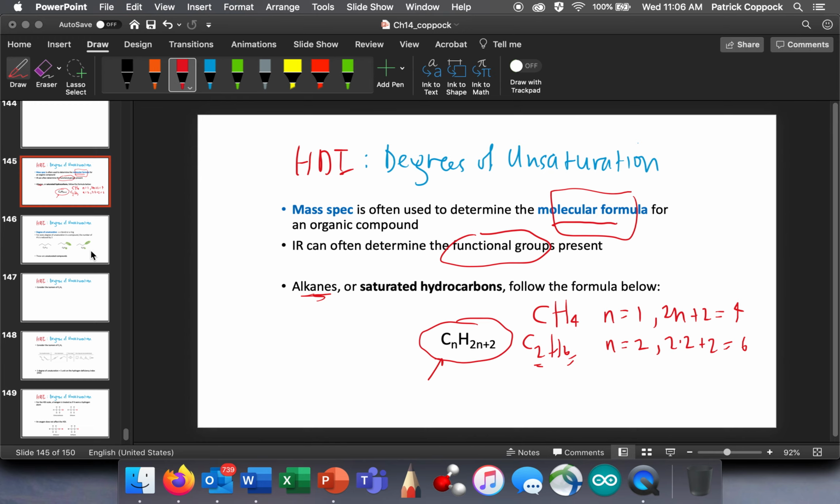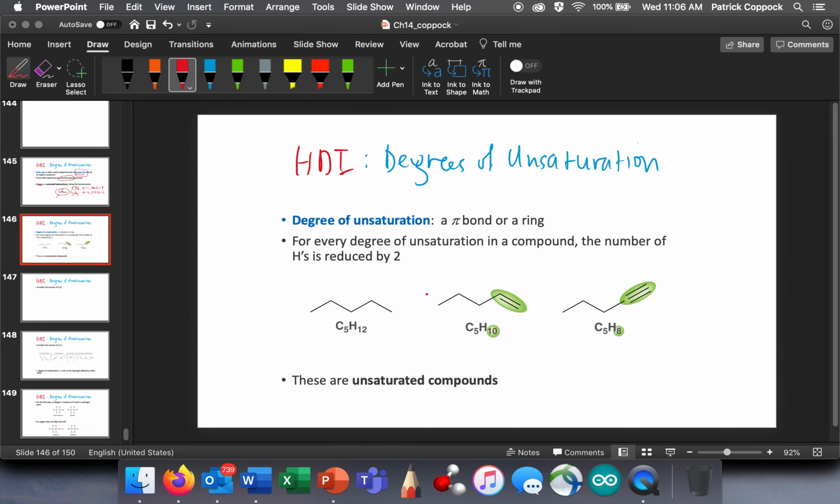Let's look at a specific example. Pentane is C5H12. A degree of unsaturation is when we are missing two hydrogens, sort of an H2 molecule. That's 1 degree of unsaturation, and that would be a pi bond. Can you see, I'm missing two hydrogens, and that's 1 pi bond. If we miss 2 more, that would be another pi bond.